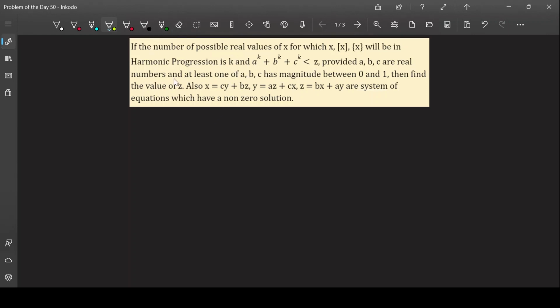Given x, floor of x, and fractional part of x, these three are in HP. So the basic condition is 2 by floor of x is equal to 1 by x plus 1 by the fractional part of x. This is the basic condition. Now let us assume x is n plus f, where n is the integral part and f is the decimal part.